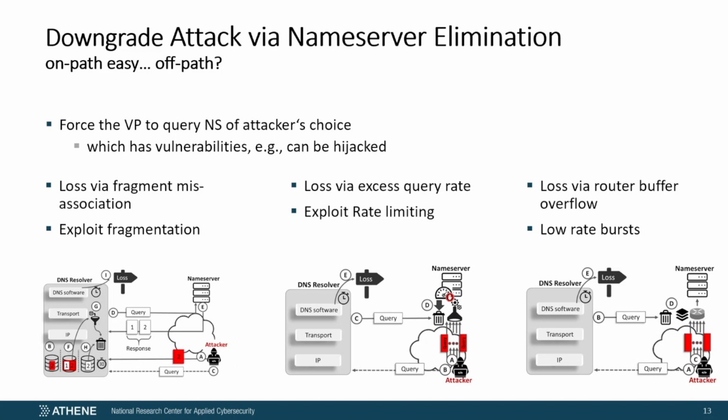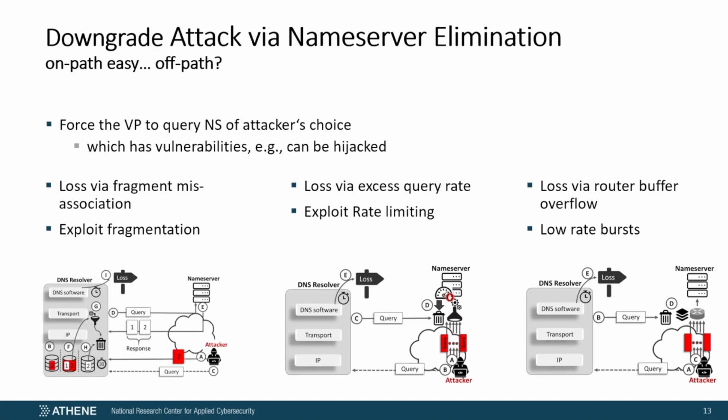And indeed, we developed techniques which allow this also with an off-path adversary. These techniques introduce packet losses into the communication between the name servers and the VAs. The lost packets signal through the DNS software the VA connectivity problems at the name server. The name server is then blocked by the VA for 900 seconds, 15 minutes.